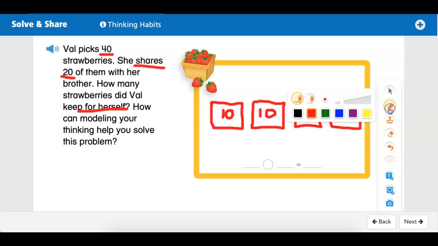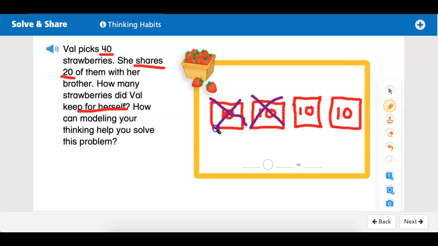40 in all, and 20 went to her brother. So that would be 10, 20 that went to her brother. How many are left? 10, 20.